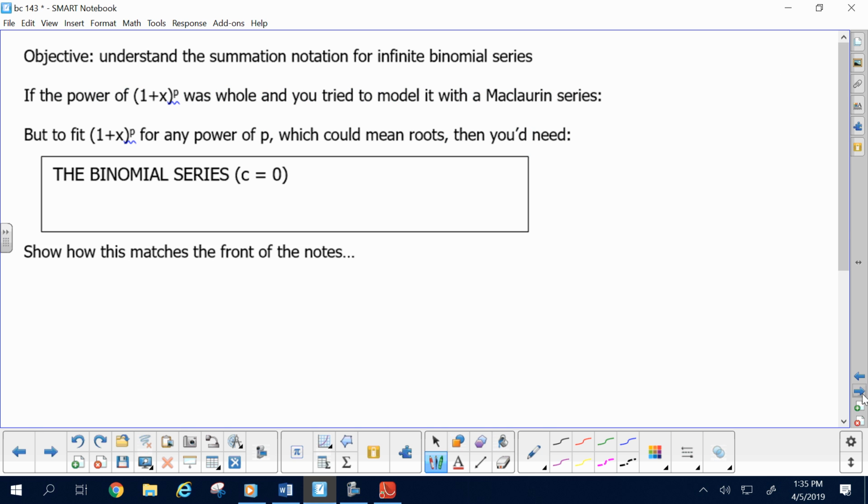But imagine then, if it was 1 plus x to any power, which could mean roots, then to fit it well, going back to Taylor ideas, if I needed to fit a square root or something, wouldn't I just need to get infinitely many terms to get a really good fit? And so for any case where you have a power that's not a whole number, then you would say instead of a finite going to p, you do infinitely many.